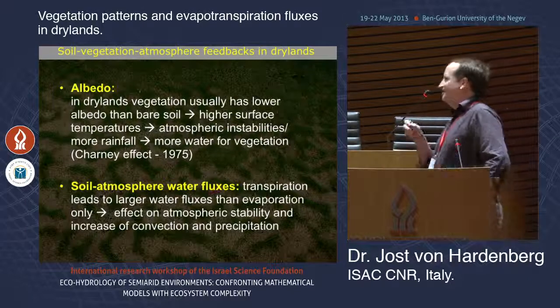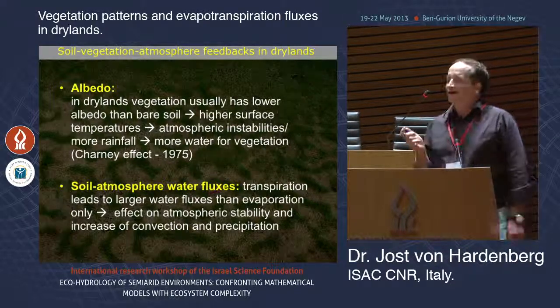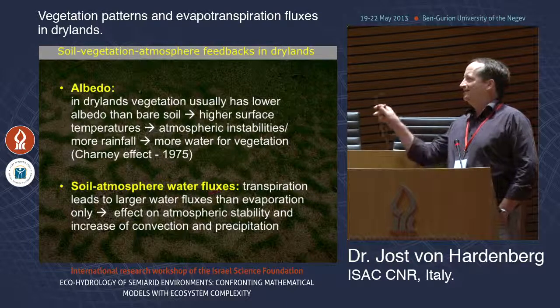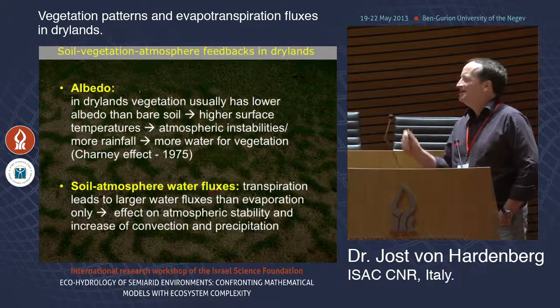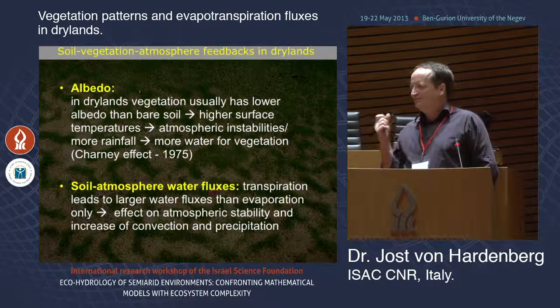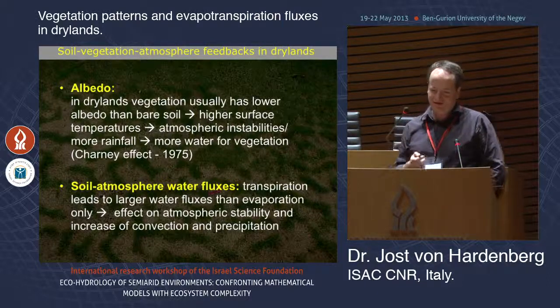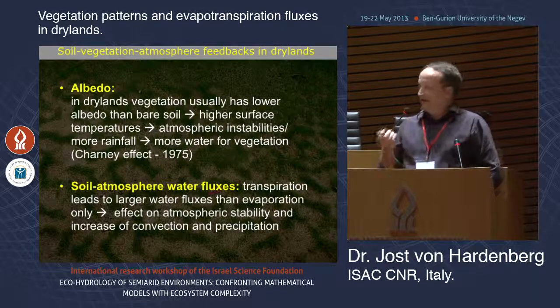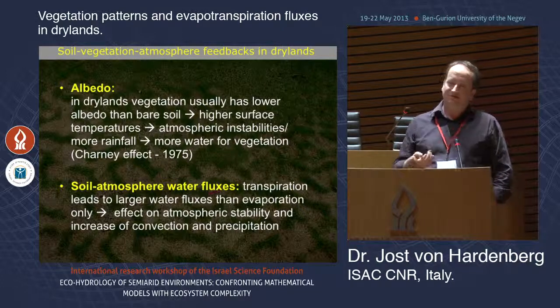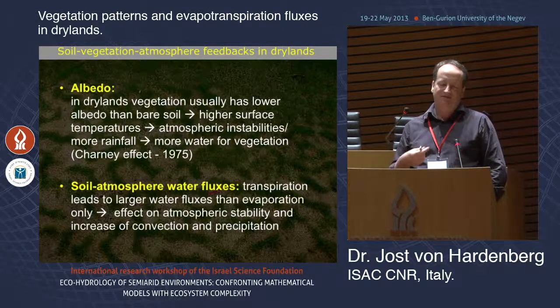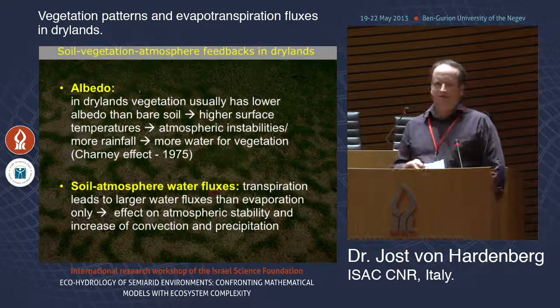Yes, thank you. A well-known one is the Charney effect, by which we have a positive interaction between the presence of vegetation and the climate through an albedo effect. So in drylands, you have vegetation which usually has a lower albedo than the surrounding soil.